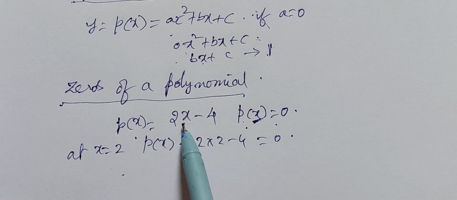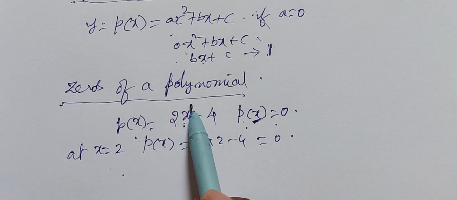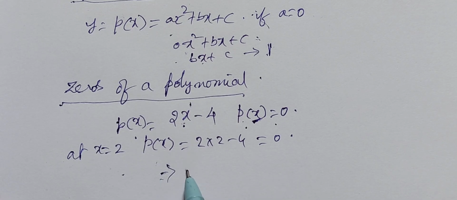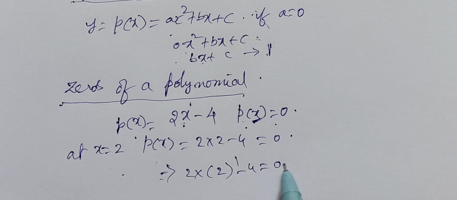A polynomial of degree 1, where we said degree is the highest power whose coefficient is non-zero. Here, if I put x equal to 1, this becomes 0.